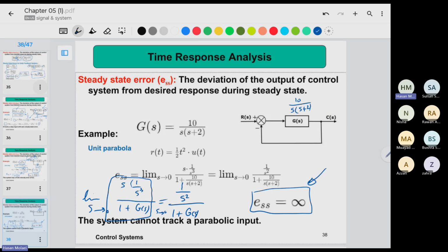You should somehow provide some modification for G of S so that, because let's say you can manipulate G of S somehow, maybe I write it like this: G of S has some denominator and some numerator.